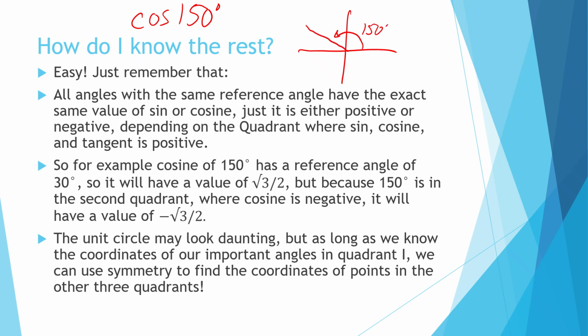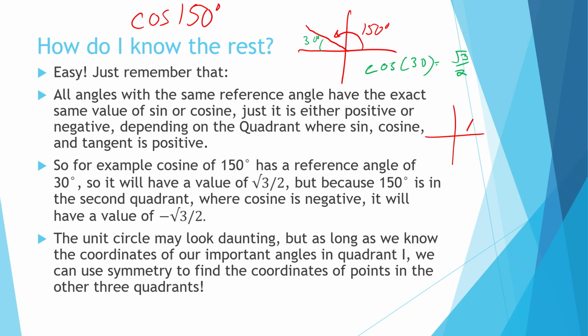This may be 150 degrees, but the reference angle is 30 degrees. So cosine of 150 is going to be equal to cosine of 30 degrees, which from our table is root 3 over 2. However, you need to remember if it's positive or negative.